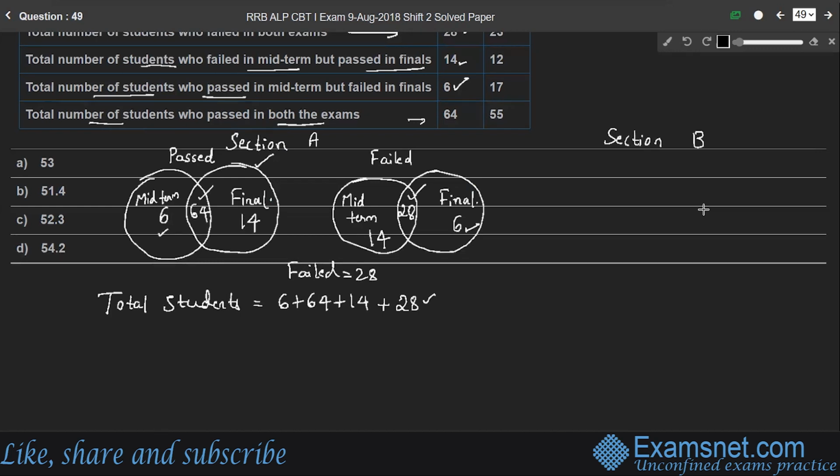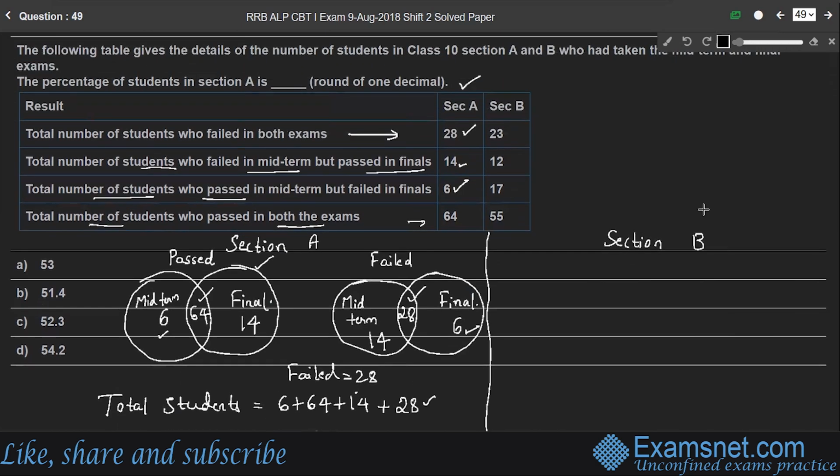And in one of the examinations, those who have passed are 14 and 6. Therefore, the total students in section A are 64 plus 6 plus 14 plus 14 is 84, 84 plus 28 is 112. There are 112 students in section A. Now let us consider section B. Based on the given information, here we'll consider two Venn diagrams.